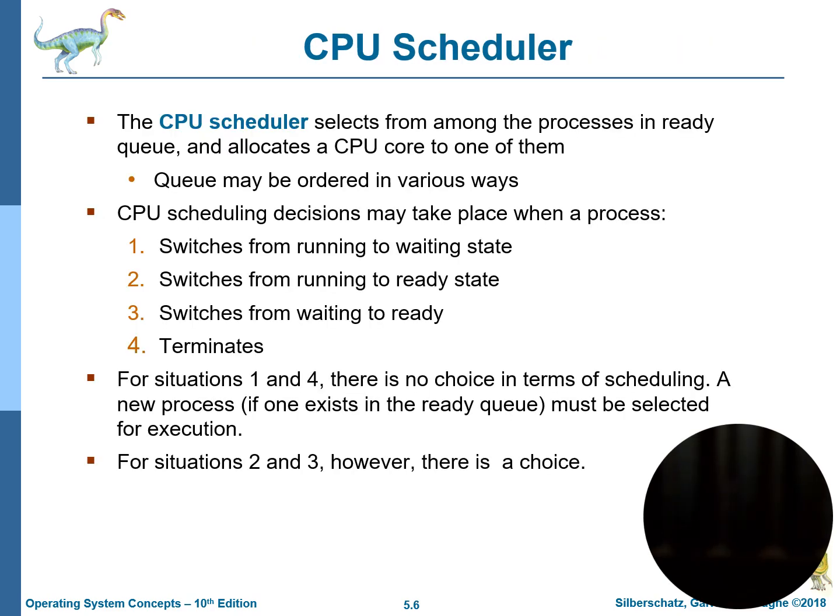A CPU scheduler selects among the processes in the ready queue and allocates a CPU core to one of them. A queue may be ordered in various ways.